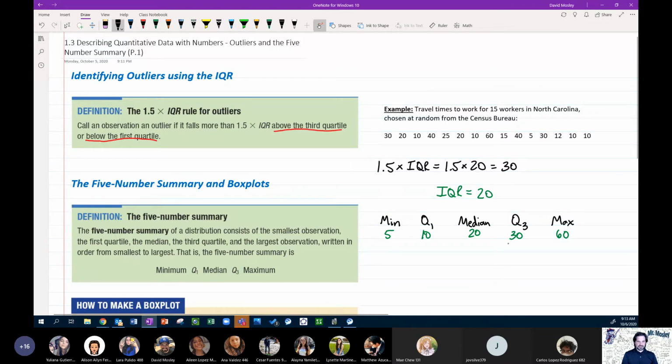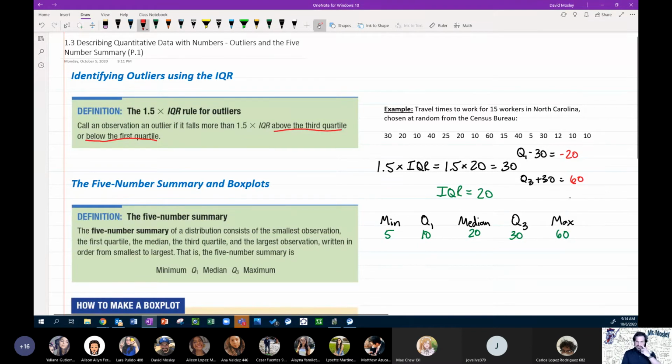So if I add 30 to Q3, Q3 plus 30, that's going to be my upper boundary. Anything beyond that will be considered an outlier. That is going to be 60. And if we do Q1 minus 30, Q1 minus 30 is going to be negative 20, which doesn't make sense for this context.